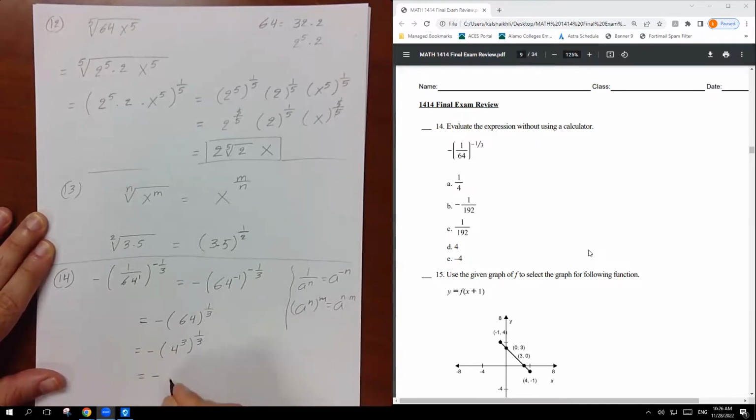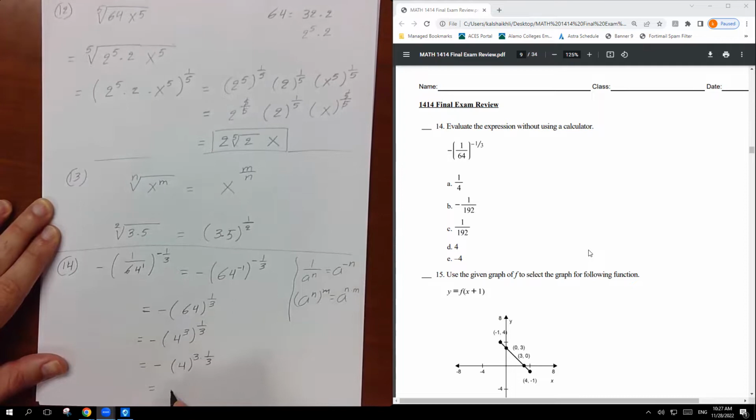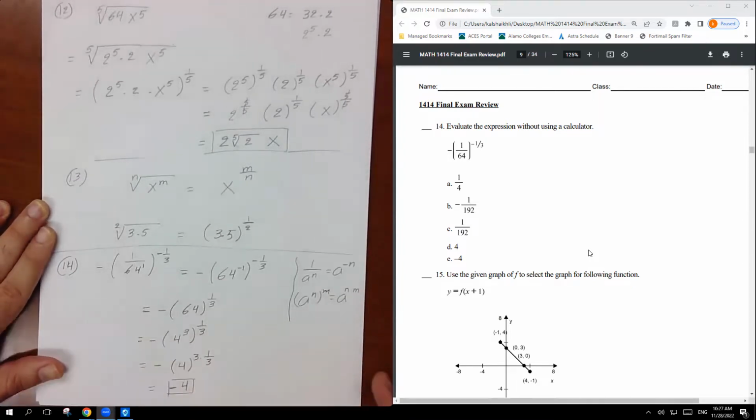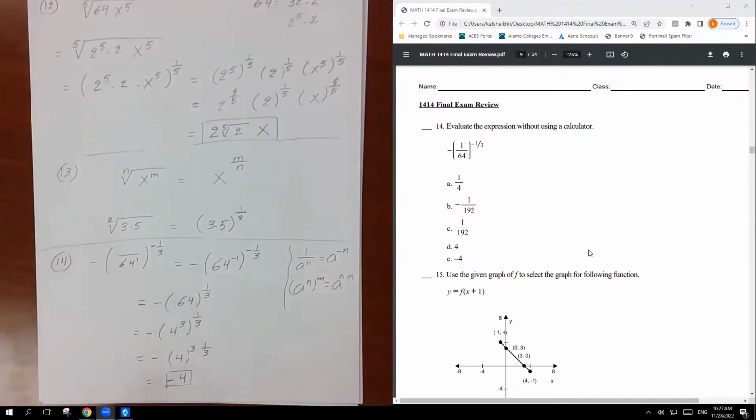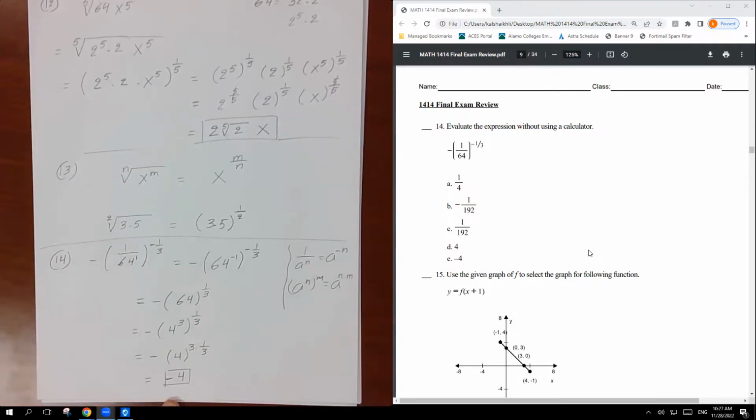This is going to equal negative 4. You can multiply the exponents, which is 3 times 1/3, and 3 times 1/3 is going to be 1. So the result is going to be negative 4. There are many ways to solve this one. I just used the exponent rules to find the solution, because they ask you to evaluate without using a calculator.